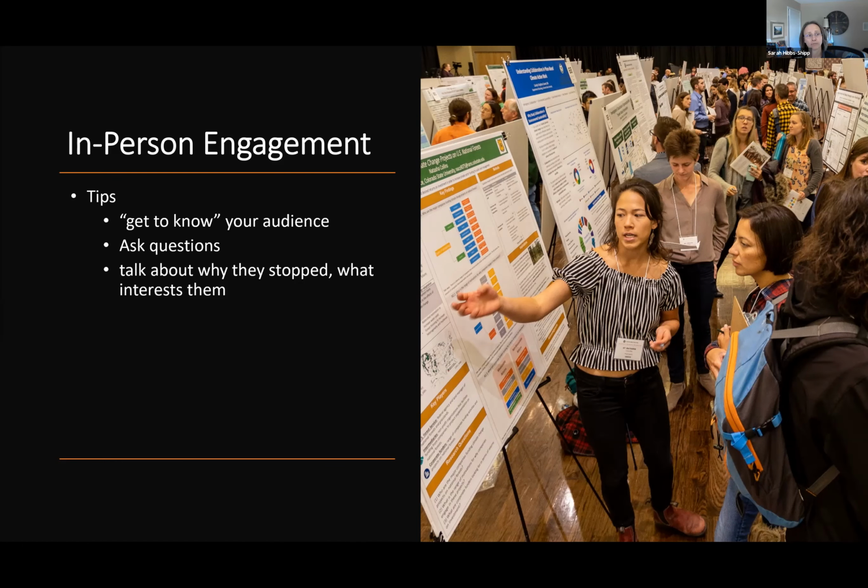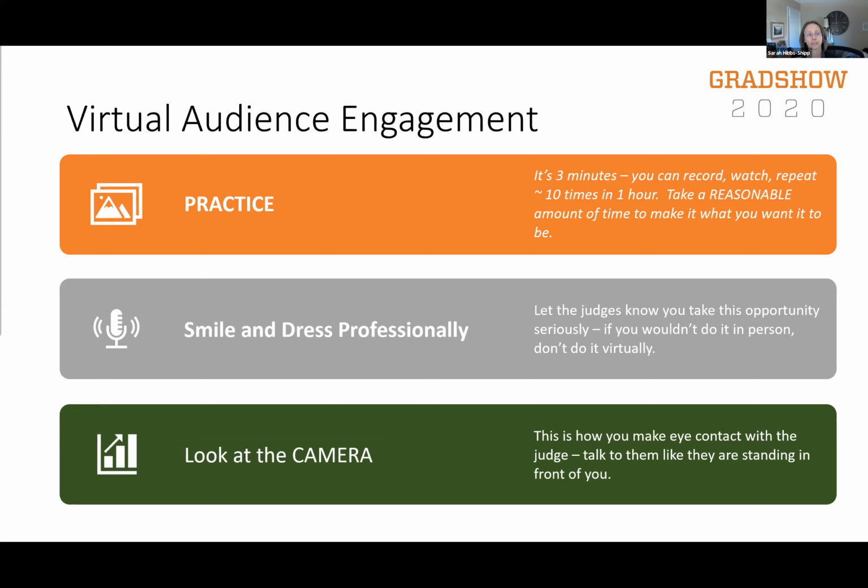On the digital platform, you are likely going to just be responding to a question they've typed into the messaging system. So the way you're going to engage your audience virtually is, as Steve mentioned earlier, you need to practice. You have a 3-minute video, so actually record it, watch it, and if you don't like it, repeat it until you feel that it's comfortable.